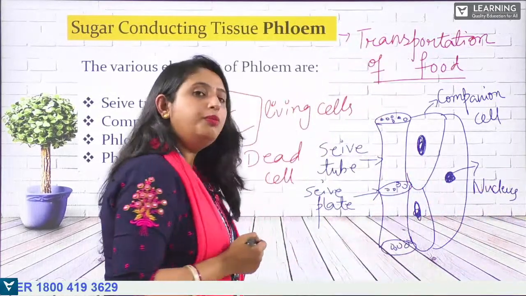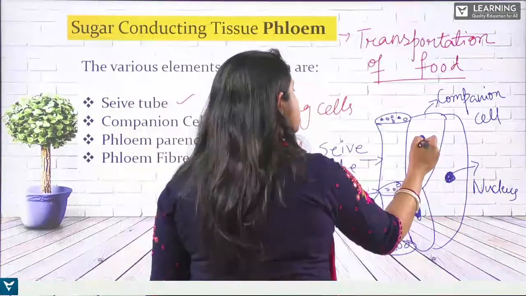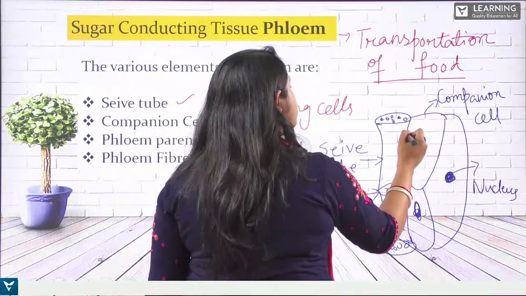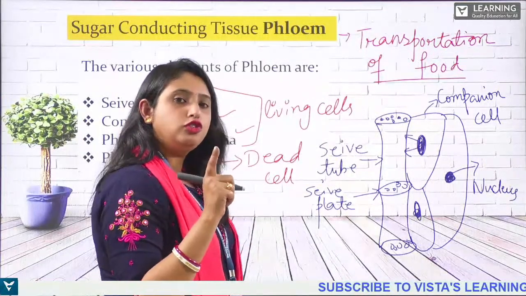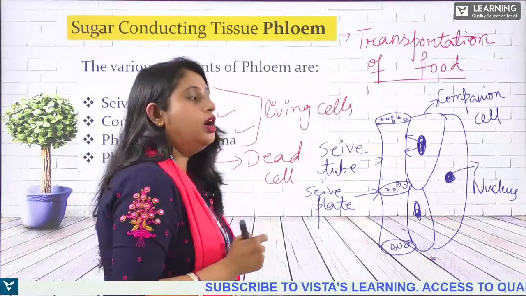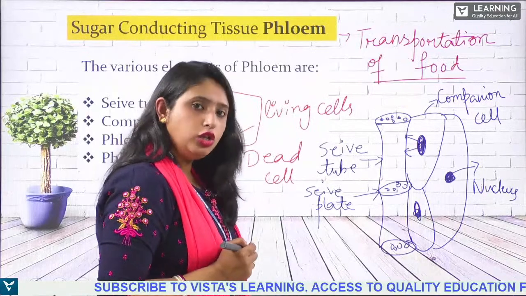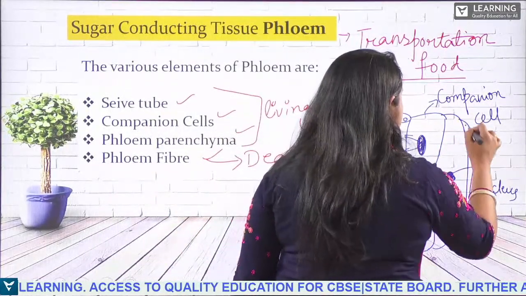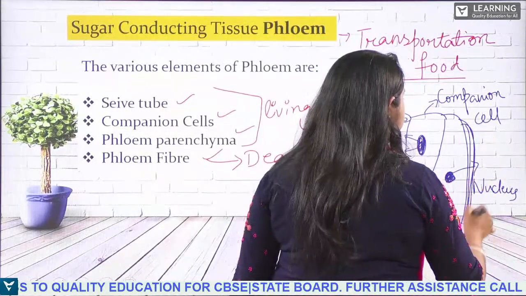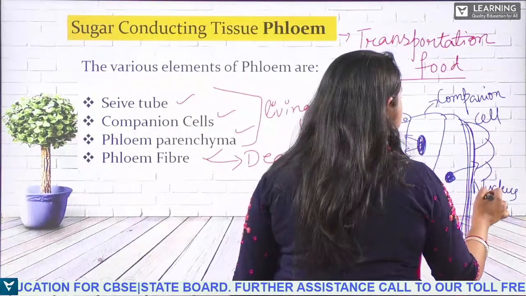Now, these companion cells share their nucleus with the sieve tube. The companion cells are attached to the sieve tube through plasmodesmata, and they share the nucleus also. Here you will find a fiber like this, known as phloem fiber, and you will also find some cells.